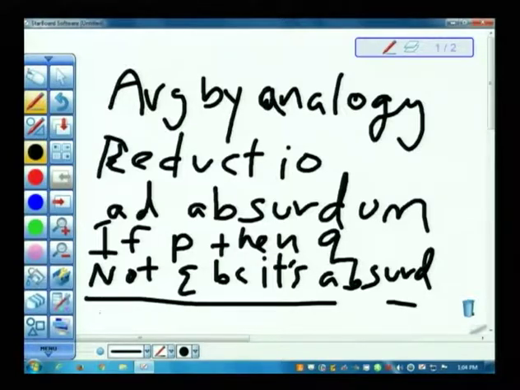Therefore, not P. So it kind of looks like the what argument form? Modus tollens, excellent. Yeah, so it looks like a modus tollens, but the idea is that anything that implies an absurdity or a contradiction can't be true.